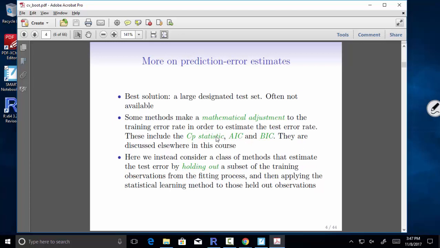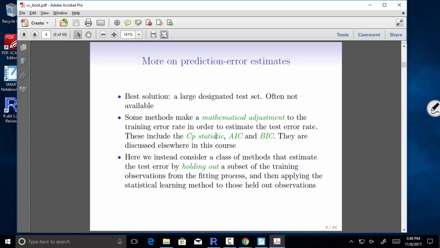So I went through these next couple of slides last time, I think. Best solution, as I said earlier, for estimating accuracy is the designated test set. If you have a big enough sample size and data are in abundance, go ahead and take a third of your data and set it aside just for testing.